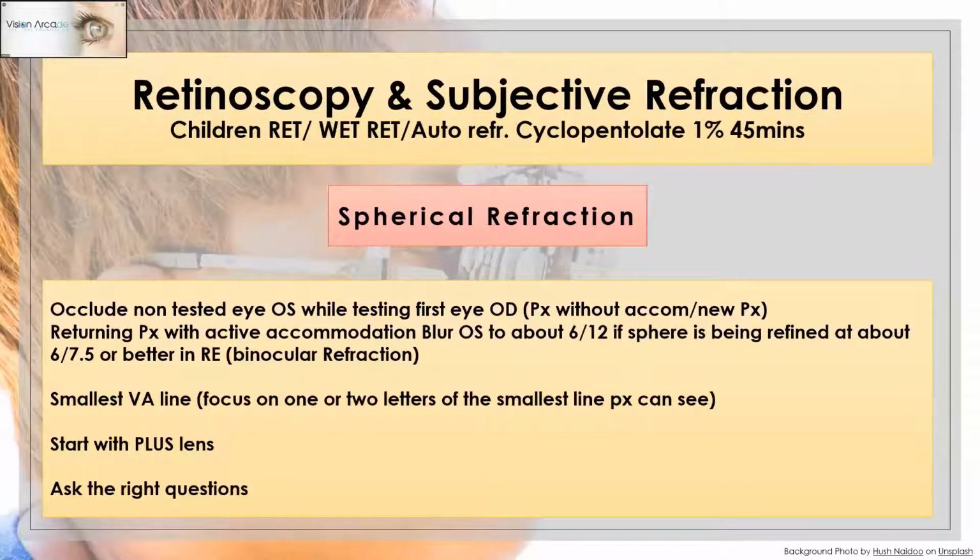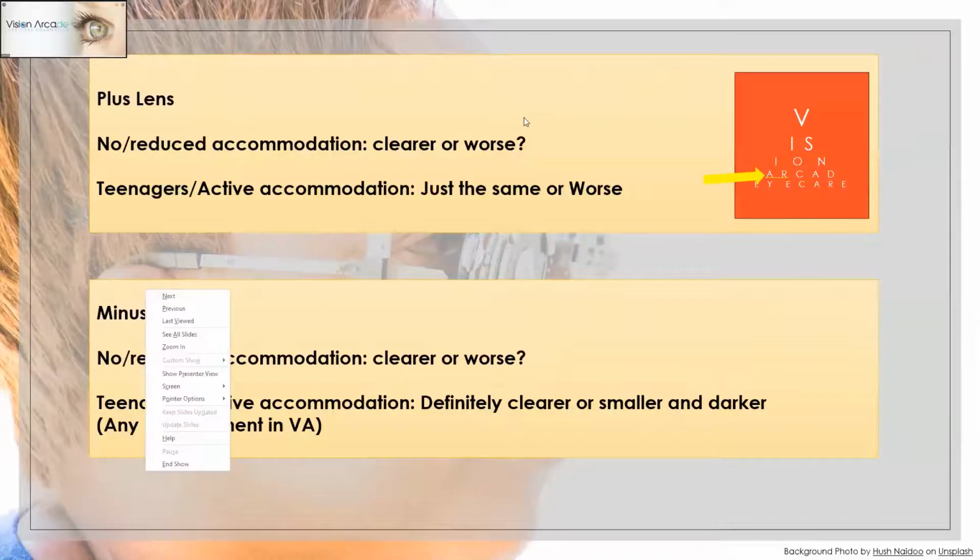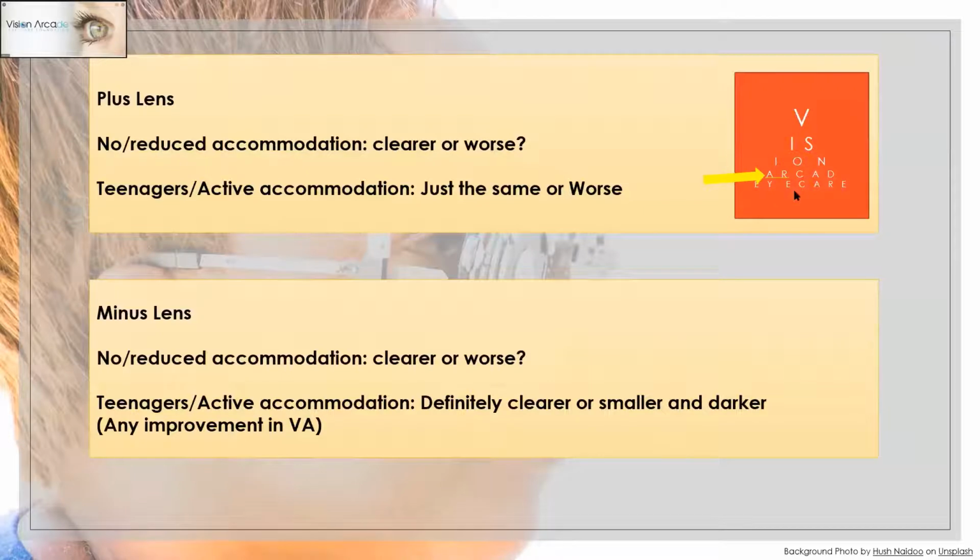Okay, so considerations when I'm doing your refraction. When you're asking questions about clarity of vision, I look at the smallest line, and I focus on a few letters, not all the letters on the line. So we'll start with a plus lens and ask the right questions. I've got a chart there. Imagine the patient is reading up to a certain line, and that's where he stops, not being able to reach the next line.